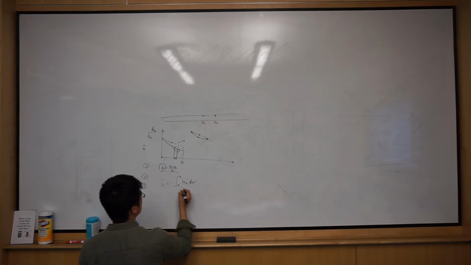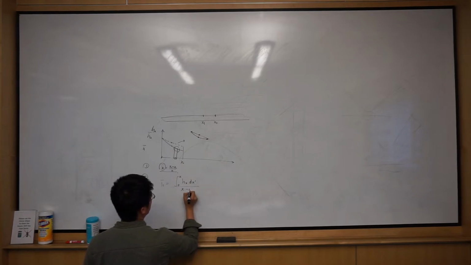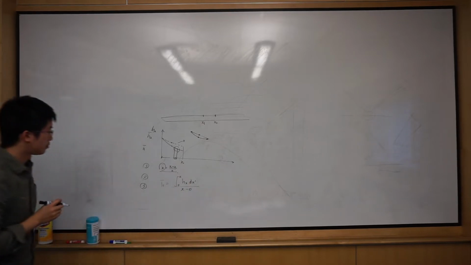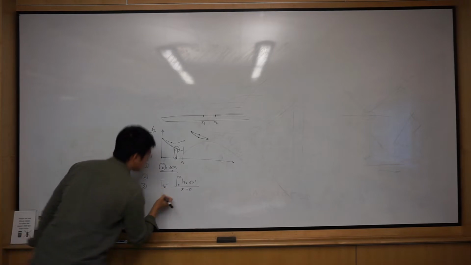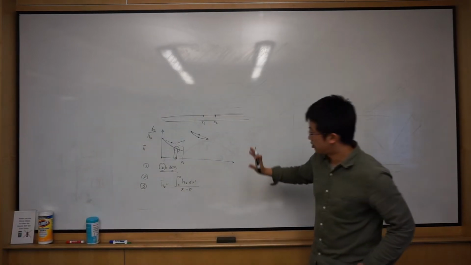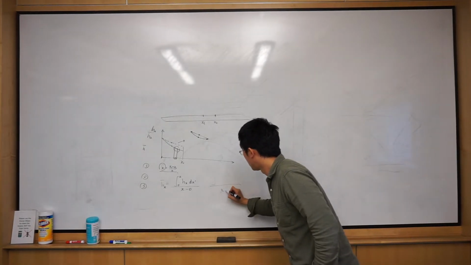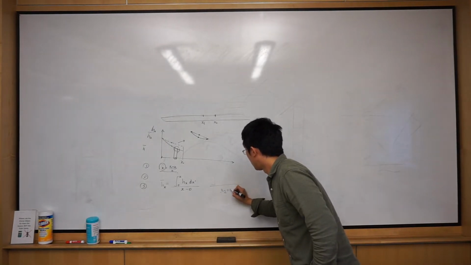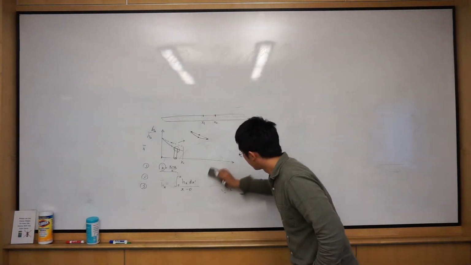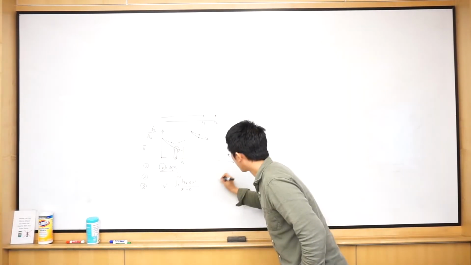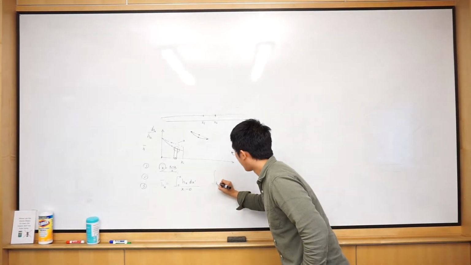I use x prime. Divide by this distance, x minus 0. This is the definition. So now what you actually want to calculate is the integral from x1 to x2.